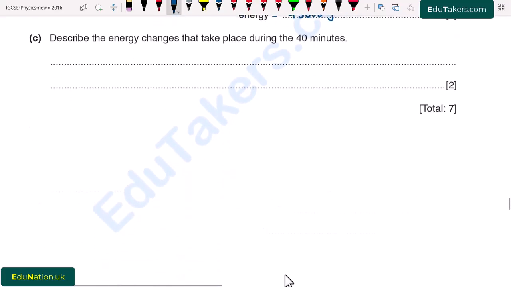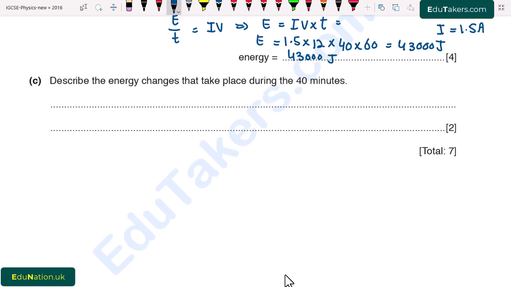Next, part C. Describe the energy changes that take place during the 40 minutes. So here we have to describe what energy changes happen during 40 minutes. First of all, here are the battery and resistor. The battery converts chemical energy into electrical energy.